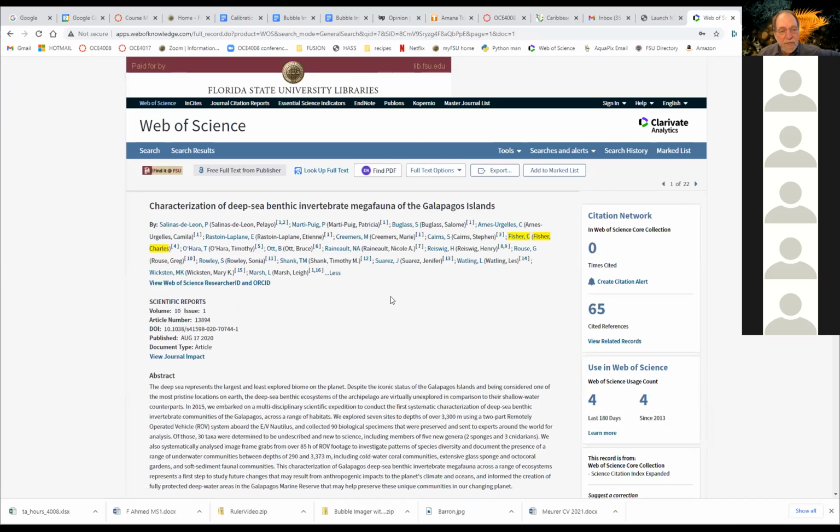So there's this really, really long list of authors, and Charles Fisher is one of them. That's typical of many scientific papers that you'll find. If somebody is writing about characterization of deep sea benthic invertebrate megafauna of the Galapagos Islands, the corals are just a subset of that, so there are many other authors that have contributed to this report.